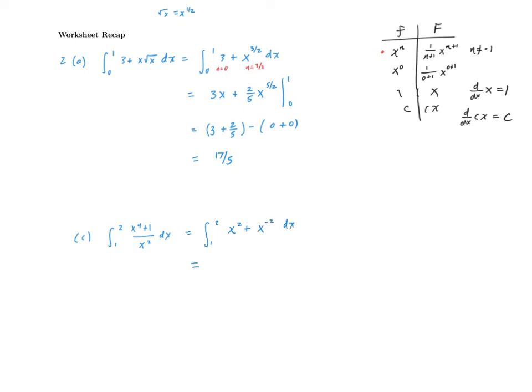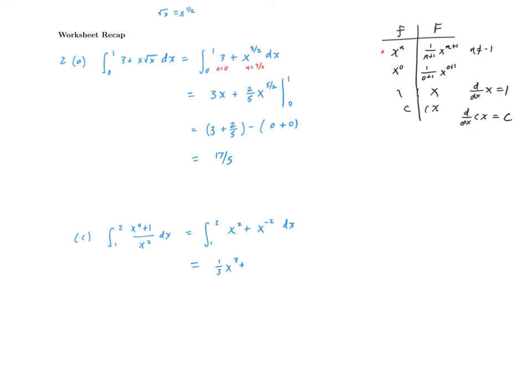And now individually, similar to what we saw above, we can anti-differentiate each of these terms. So in the first one, n is equal to 2, so this would be 1/3 x cubed. And for the second term, x to the minus 2, we're using this formula with n equals minus 2.